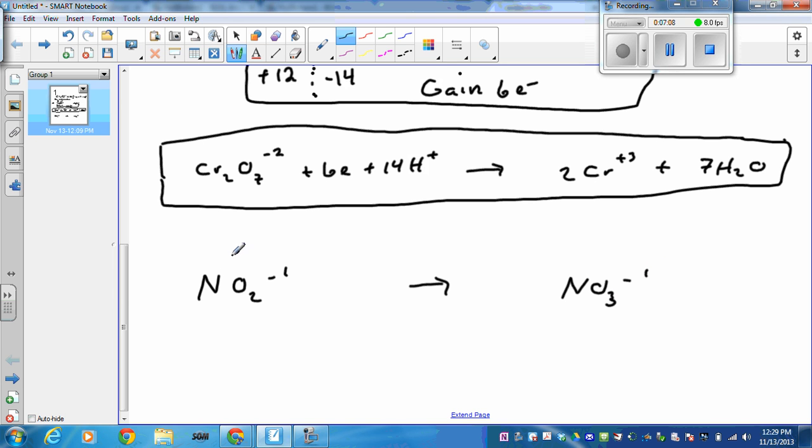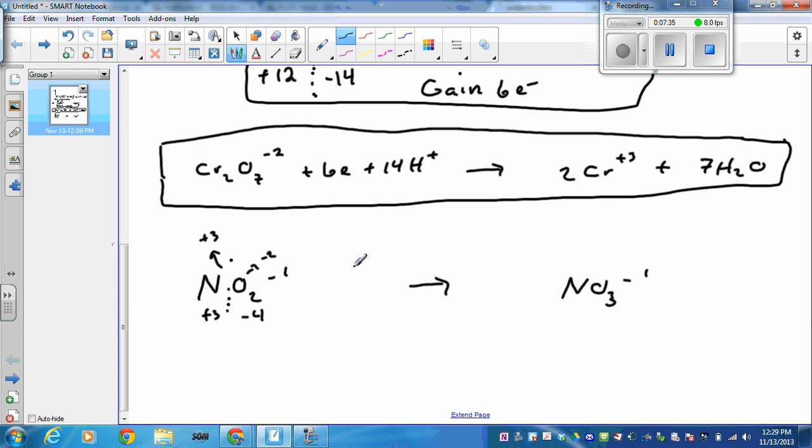Again, we can divide this out. Each oxygen is minus 2, giving us a total of minus 4. What do I need to combine to minus 4 to get minus 1? I need plus 3. So here the nitrogen is plus 3.